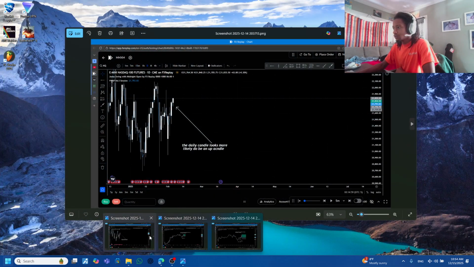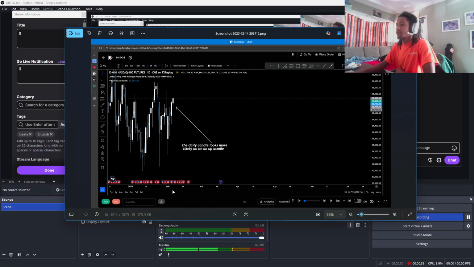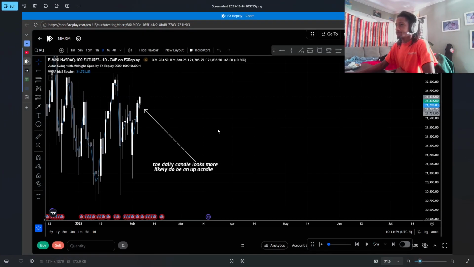So the first thing I like to do is start on a daily chart and look at the candle that is printing for the day that you're going to be trading. Based off previous data, make an easy, simple choice.